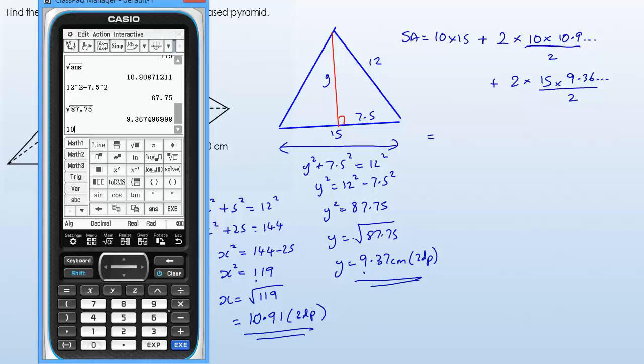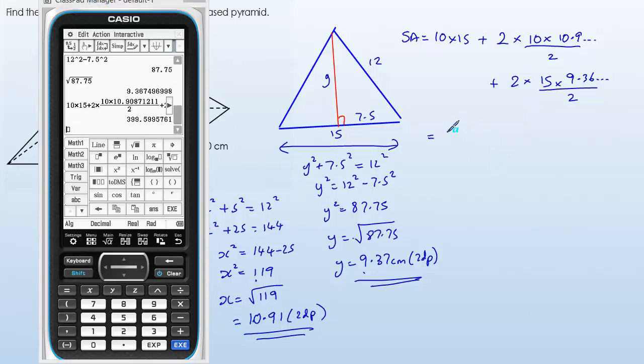So we have 10 times 15, then we have 2 times 10 multiplied by this result up here, divide that by 2, and then we've got 2 of the other triangle as well, so that's 15 across, and the height was this value here, divided by 2, and execute.